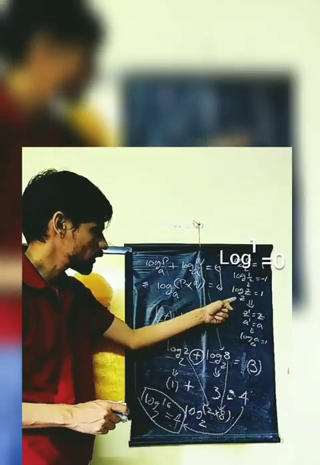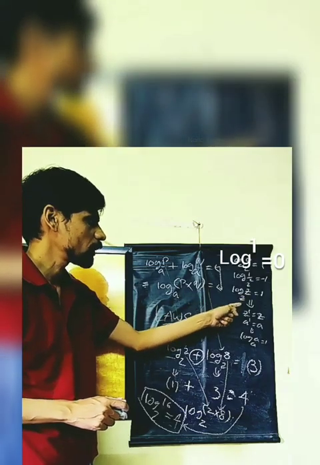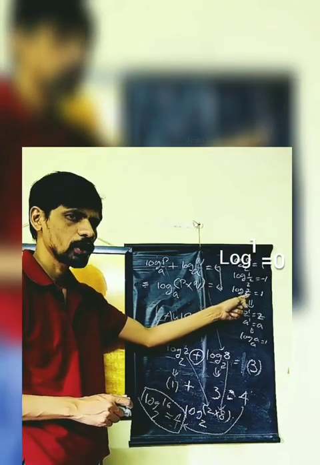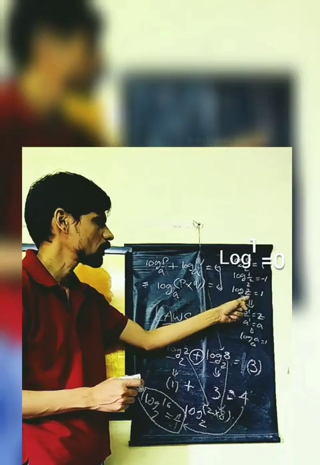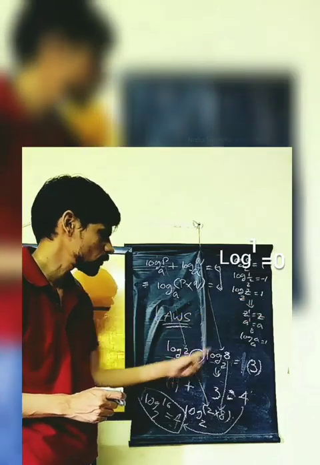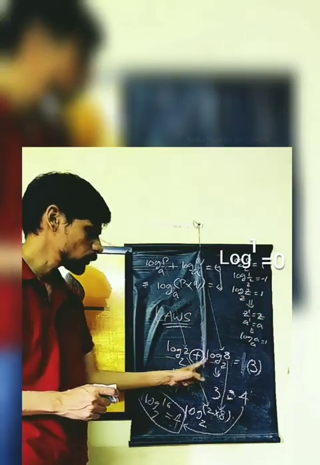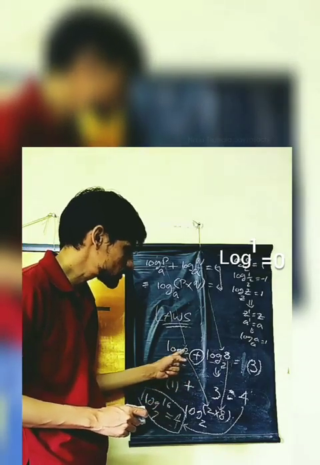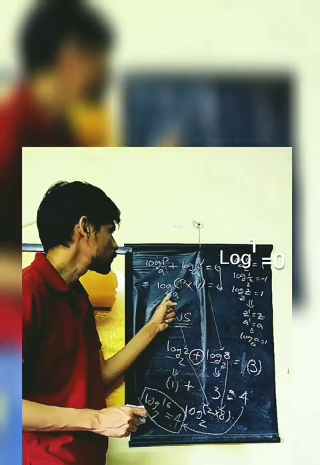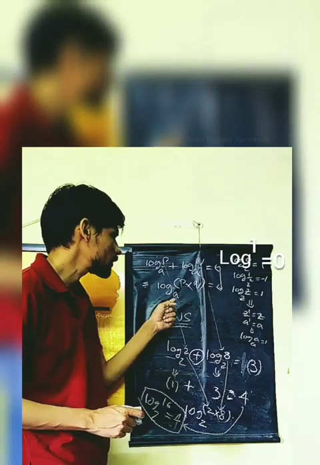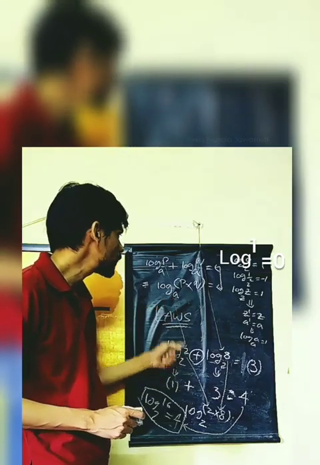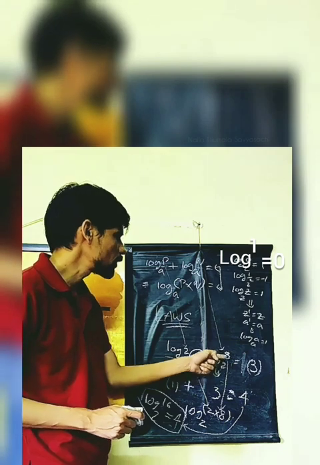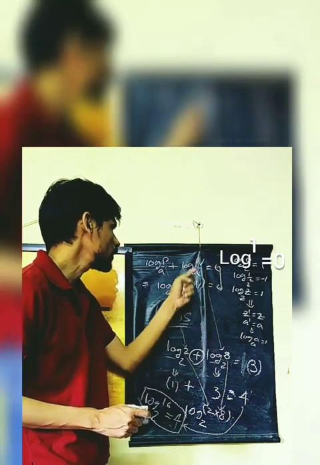When the base and the value are both the same, then we get 1. When we are adding 2 logs, we can simply multiply these values like this. So instead of 2, I represent it as a. Instead of 2 here, this becomes p. Instead of 8, here it is q.